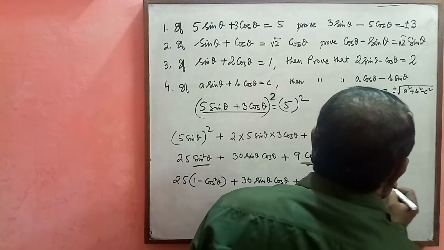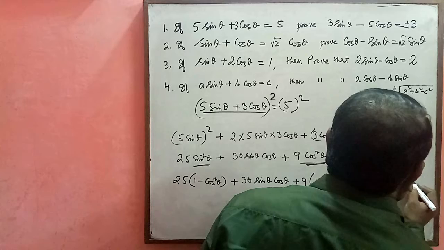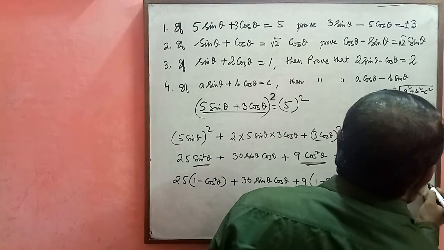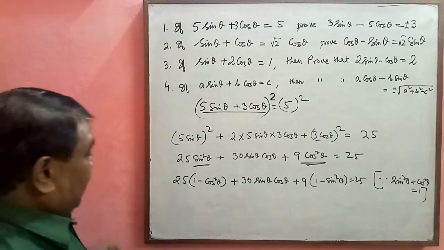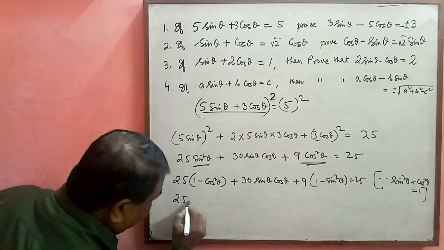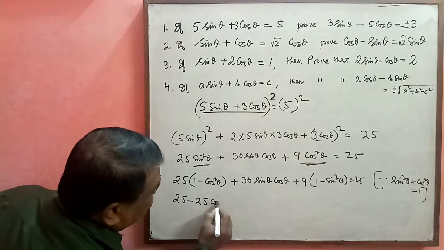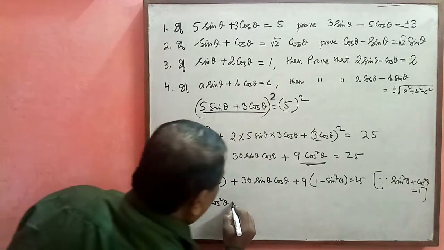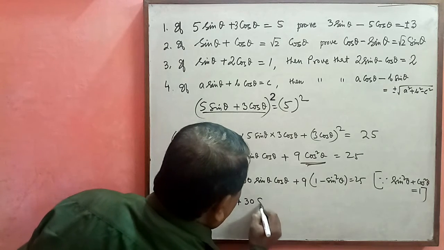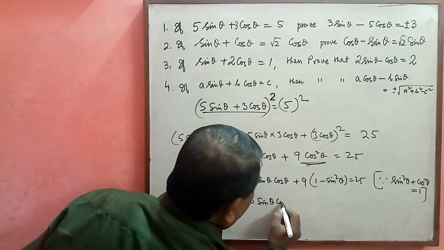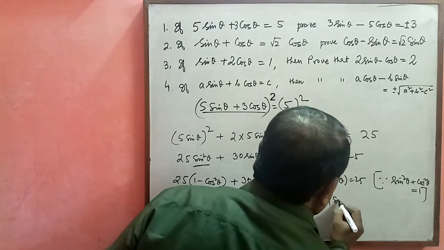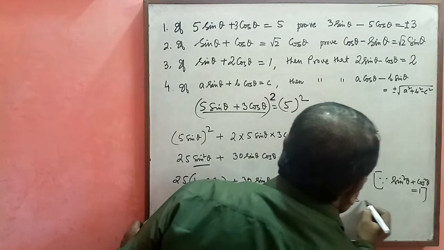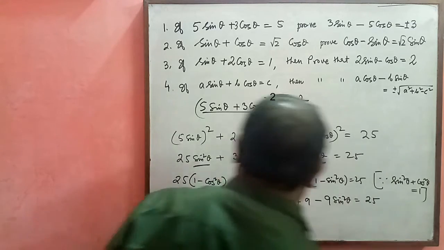We know sine square theta plus cos square theta is equal to 1. Here 25 minus 25 cos square theta plus 30 sin theta cos theta plus 9 sine square theta is equal to 25.